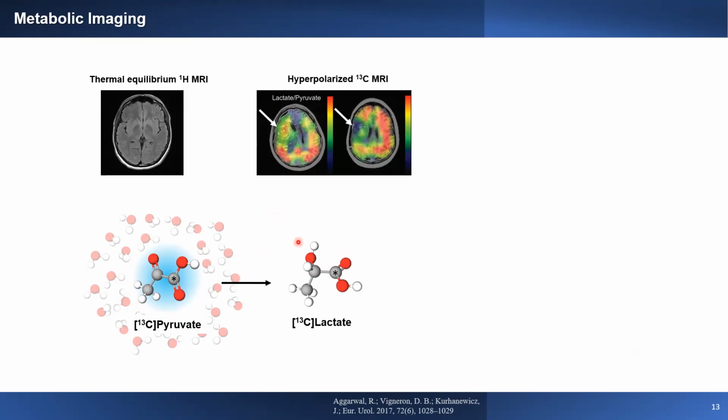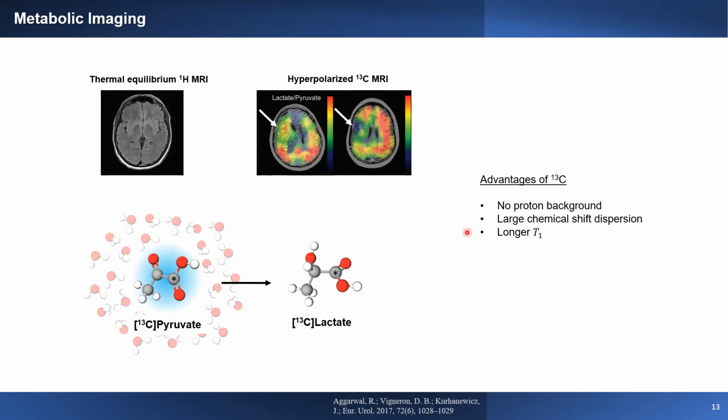And this is being done. This is actually done in humans at the moment. This is an exciting technique, and for the rest of this talk I'll be focusing on applications of hyperpolarization in metabolic imaging. Okay, and then, well, here I've labeled these with carbon-13, and the question is why carbon-13 here?